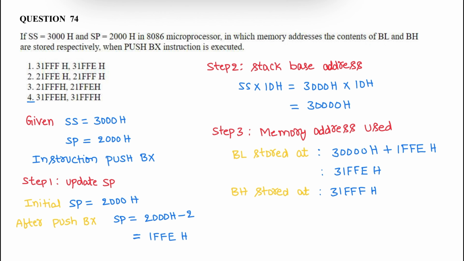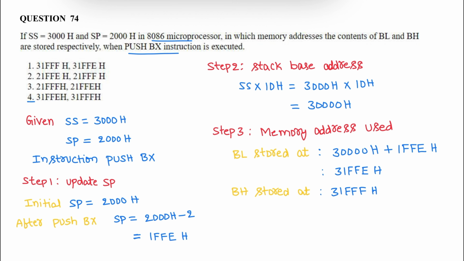Question number 74. If SS is 3000H and SP is 2000H in the 8086 microprocessor, in which memory addresses are the contents of BL and BH stored respectively when the PUSH BX instruction is executed?